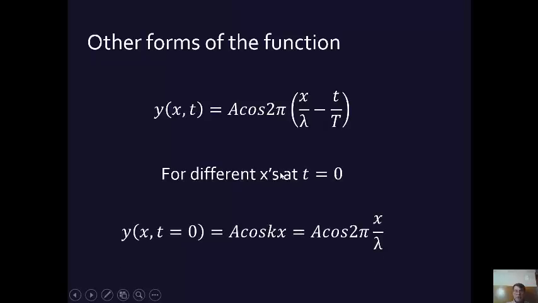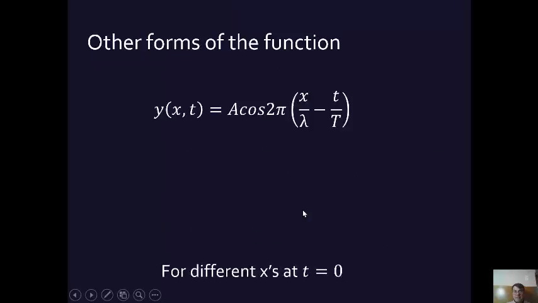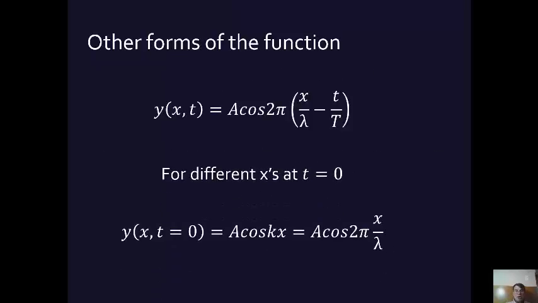And so again, we'll have different equivalent forms. Here's the form that basically substitutes the t equals 0 here. If I go back to the previous page and I substitute in t equals 0 here, then it falls out, and I'm just left with cosine of kx, which is this form here. So here's an equation when t equals 0. It basically gives me a snapshot of what the wave looked like when I click the stopwatch.